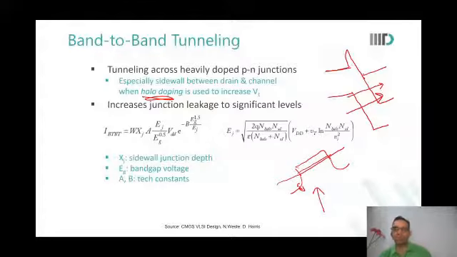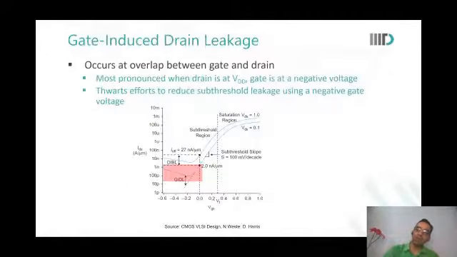Because you applied a reverse body bias, that is where it can happen. You expected that by applying reverse body bias, I will remove the subthreshold leakage, which you will. You will definitely reduce subthreshold leakage, but you will introduce band-to-band tunneling.